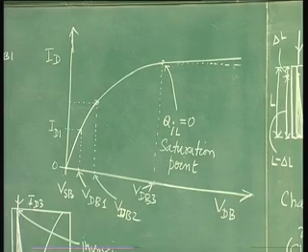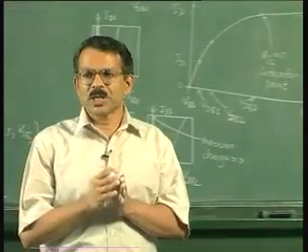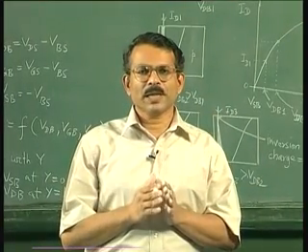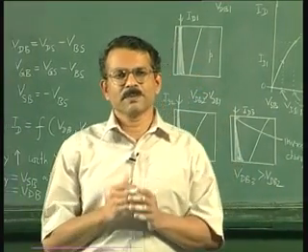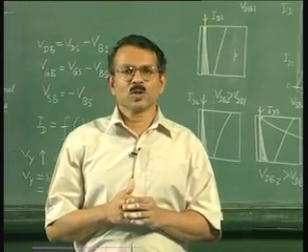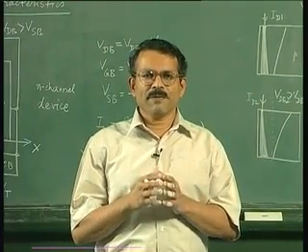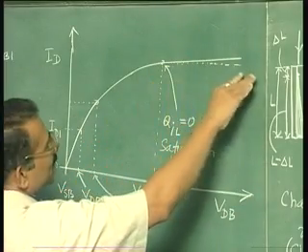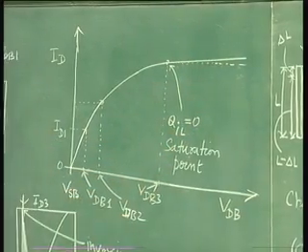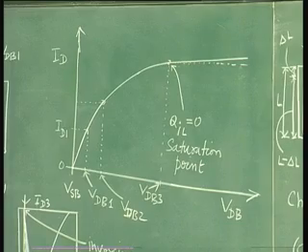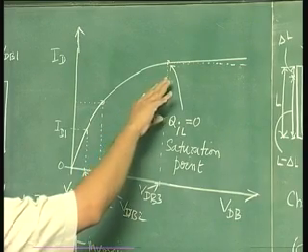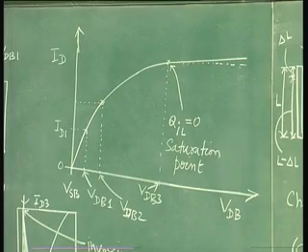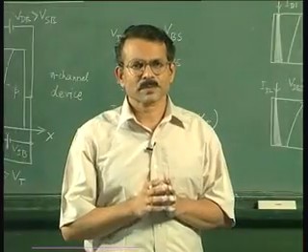So the nomenclature of saturation is different in the bipolar transistor and the MOS field effect transistor. In the MOS field effect transistor, saturation refers to the active region of the current voltage characteristics, whereas in the bipolar transistor, saturation is the region other than the active region, that is before the active region of the current voltage characteristics.